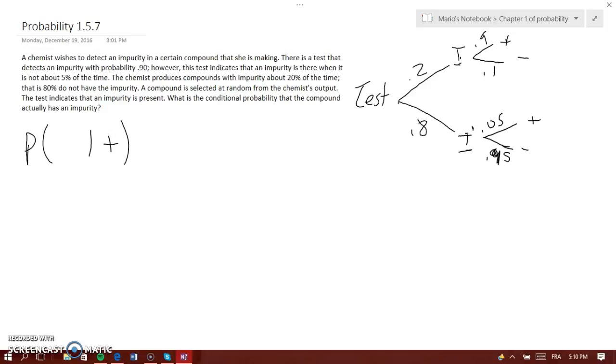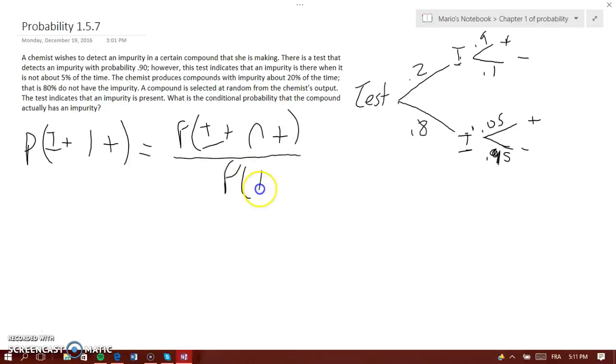Find the conditional probability that the compound actually has an impurity: P(I given positive). That would equal the probability of I intersection positive over the probability of positive.